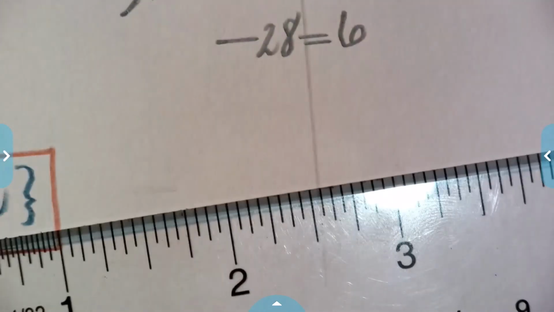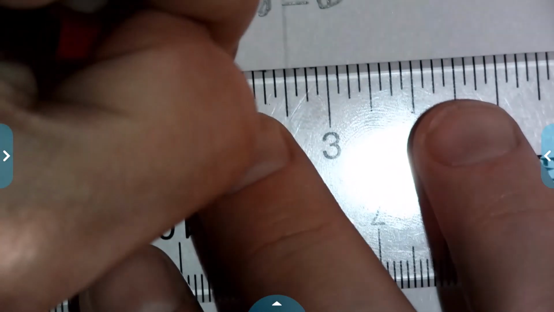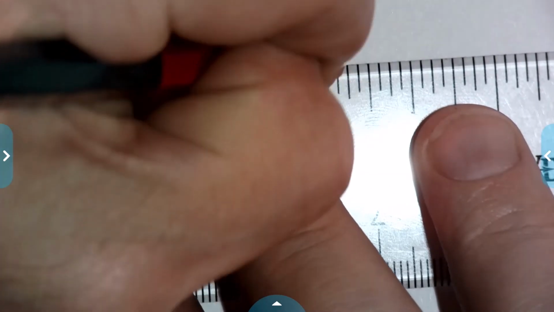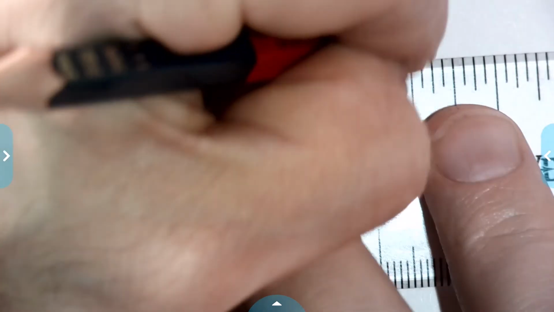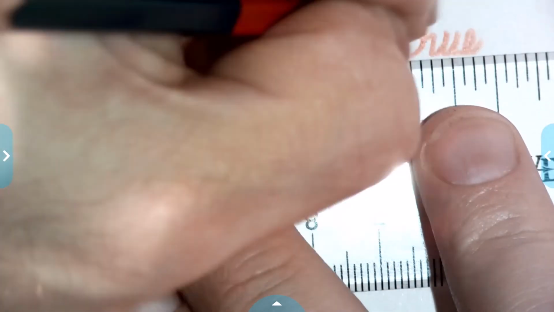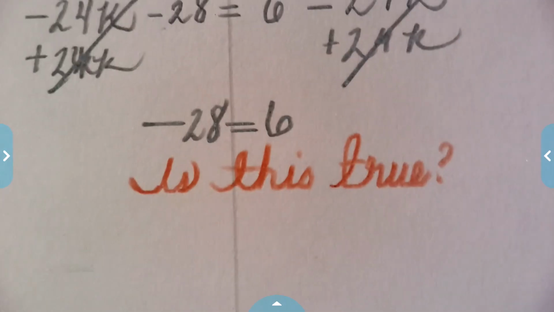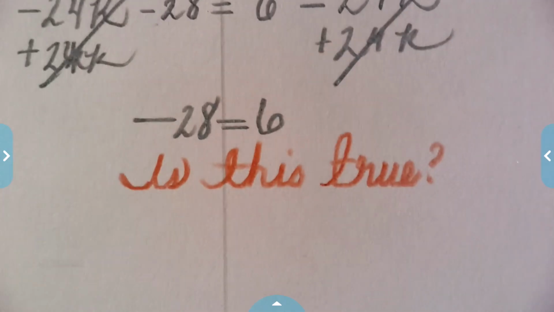Okay, so here's what you do. Is this true? Does negative 28 equal 6?